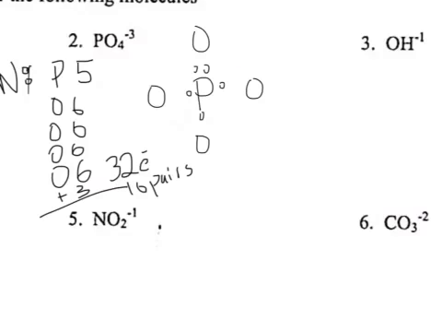I'm putting individual electrons like this, assuming that it's going to share with the oxygen. And look at what happens with the oxygen. Oxygen has 6 valence electrons. So if we do 1 and then 2, 3, 4, 5, 6, again we're ending up with this single electron. And that occasionally happens, but not very often.